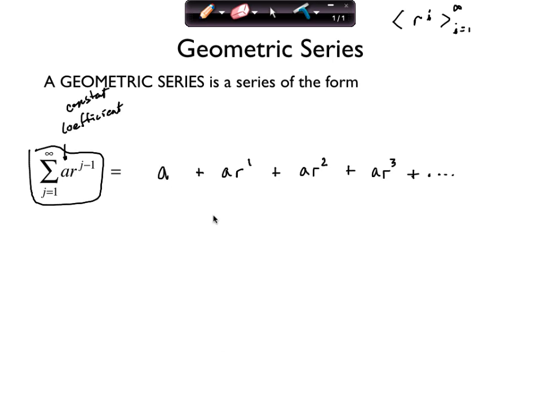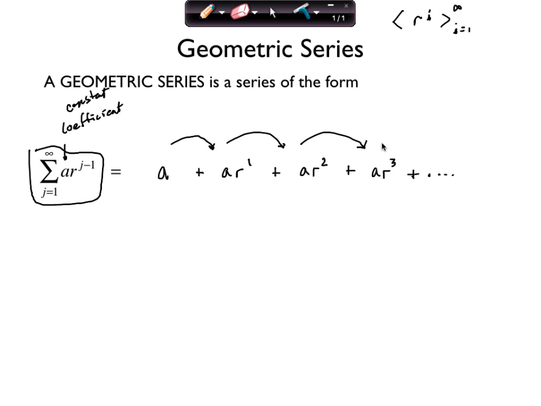Okay, so what is the j minus 1? Rather than being just to the j, what does the j minus 1 do? It makes the first term just be a, right? So the first term is just like a constant. And then the second one starts the first time. And then what's the idea of a geometric sequence or series? What happens from term to term?